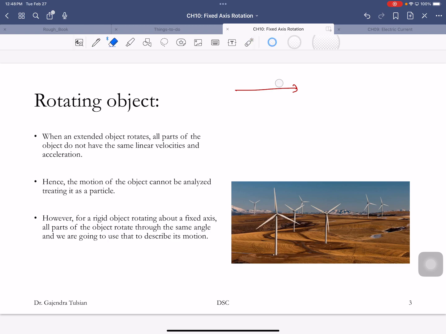Hence the motion of the object cannot be analyzed treating it as a particle. However, for rigid objects, unlike for fluids, rotating about a fixed axis, all parts of the object rotate through the same angle, and that's what we needed. We're going to use that coordinate to describe the motion of the object.